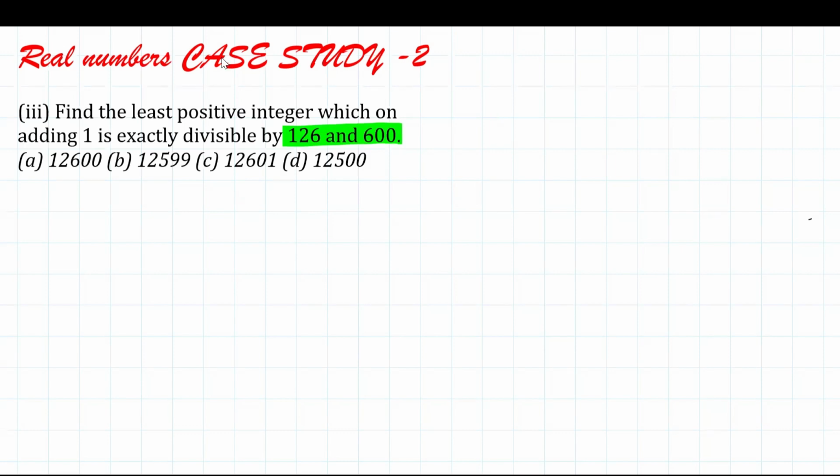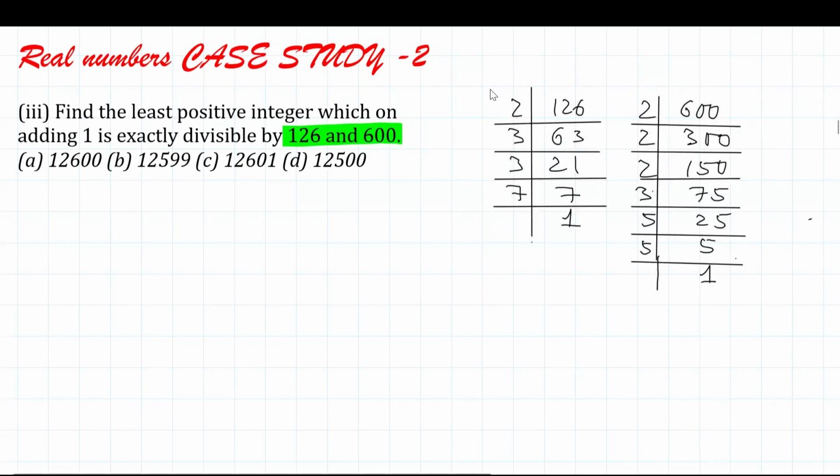So we are going to use prime factorization over here for finding the LCM, and the prime factorization of these two numbers is here. Now, if I ask you what is the LCM, then for finding the LCM, 2 with the maximum power throughout is 2 raised to the power 3.